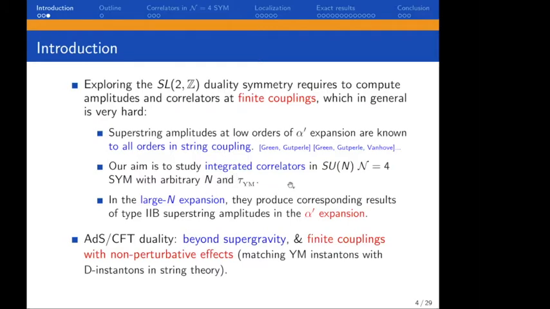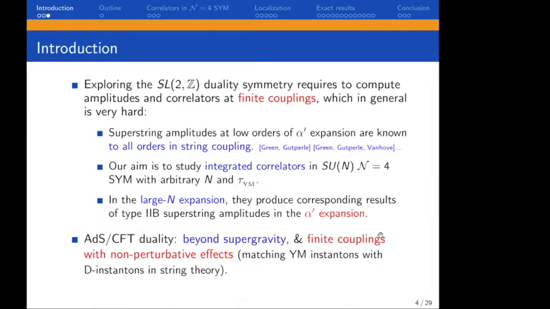But as I was trying to emphasize, the integrated correlator is interesting on its own, and in this talk we will in fact emphasize this integrated correlator at finite N and finite coupling. From the AdS/CFT duality point of view, the study we are doing is in particular to explore this SL(2,Z) duality.